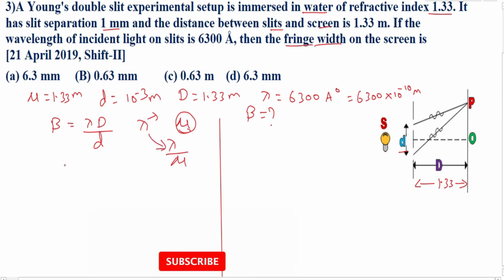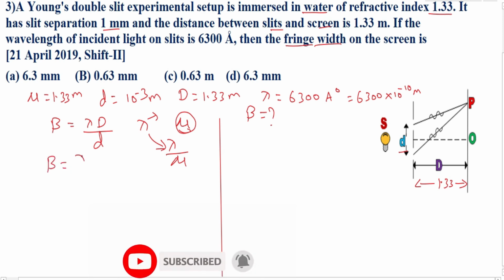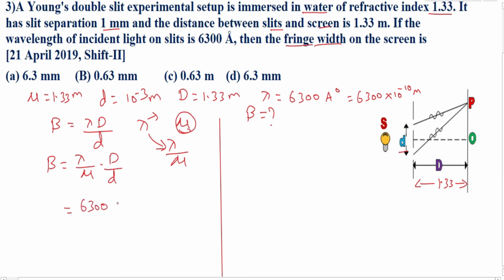Now our new fringe width will be beta is equal to lambda by mu into capital D by small d. Now let me substitute. The value of lambda given is 6300 into 10 power minus 10 by mu.